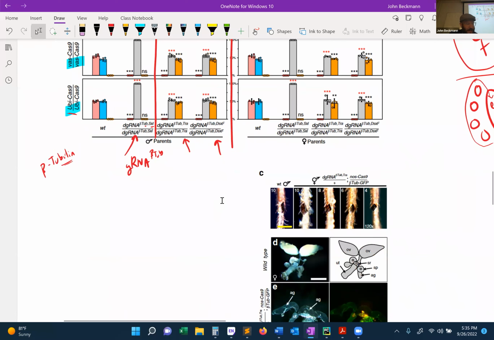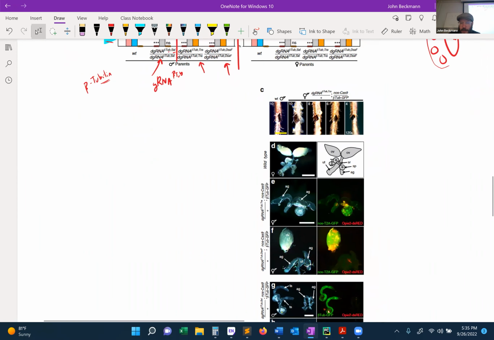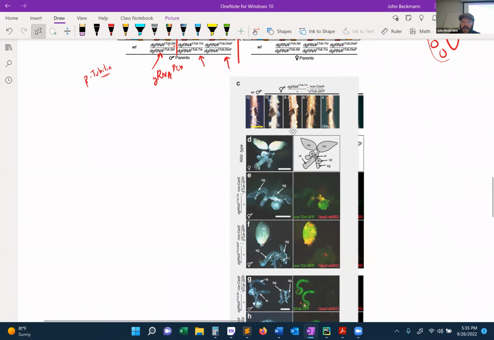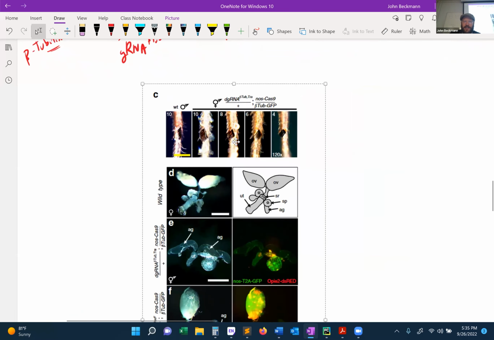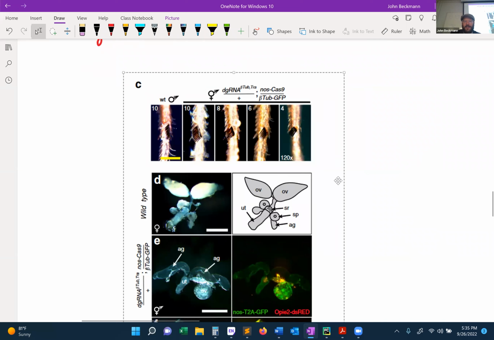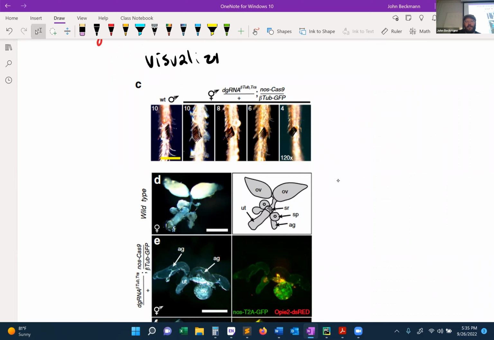Okay. And then they do kind of a third experiment that I don't really want to talk about, but here's some interesting things. What's the gist of these figures? They're visualizing the phenotypes of these sterile bugs. Yeah, they're visualizing the phenotypes of these hermaphrodites.